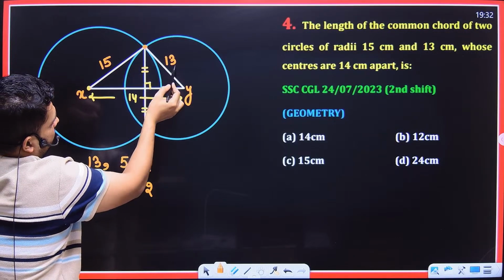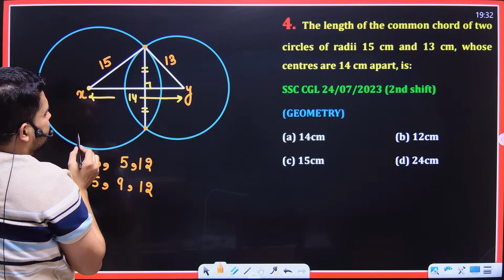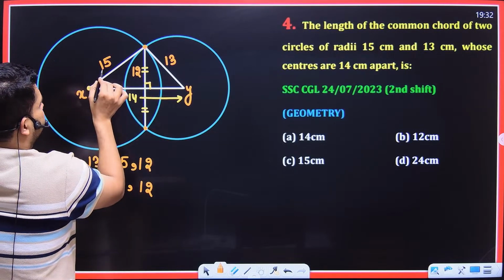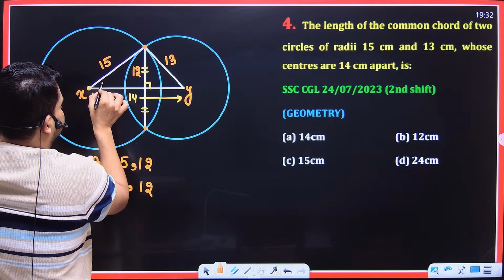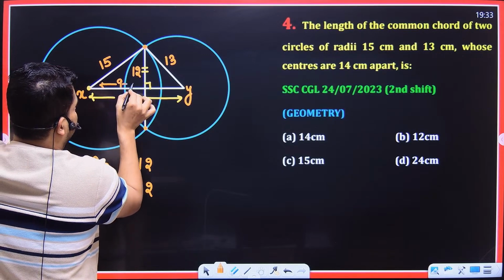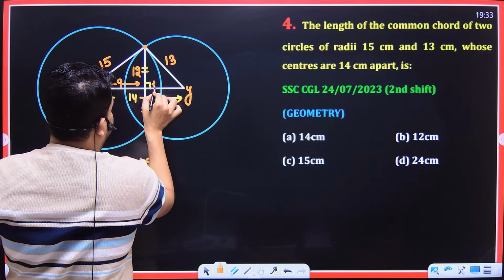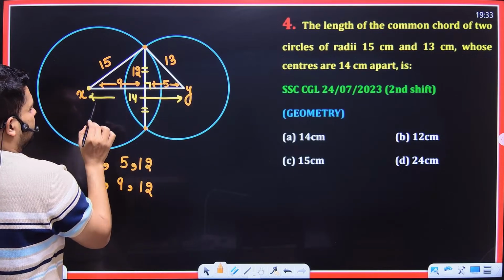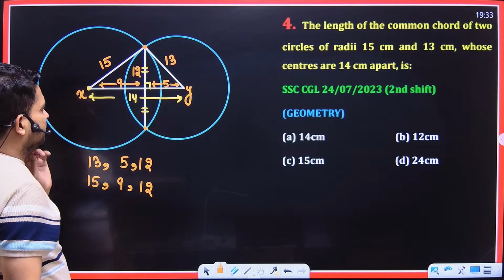If this one is 12, then with 15, 12, this one is 9, then this one must be 5. And as you know that 9 plus 5 is 14, so my question is satisfied.